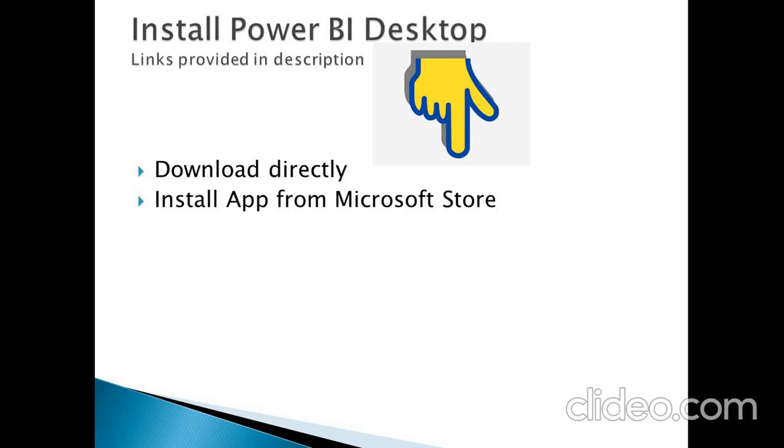When you install the app, these updates will automatically get installed on your desktop. But if you just download the desktop version from the website, you will get a prompt every month that Microsoft has new updates, so you will have to install those updates, which becomes a lengthy process.